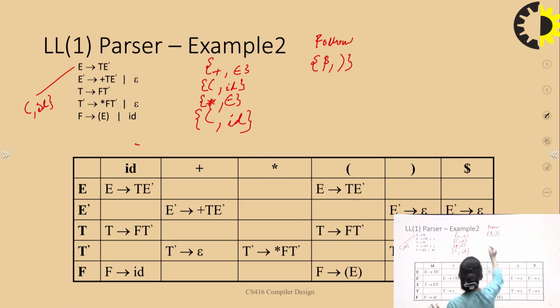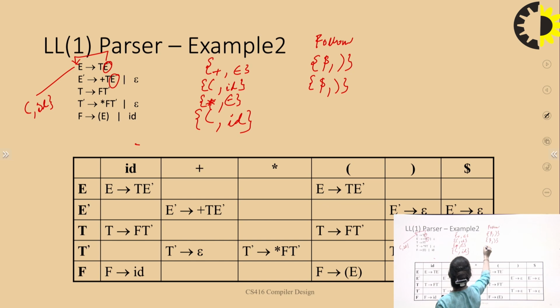If I am talking about E dash, E dash is present here and here. When nobody follows you, then the left-hand side non-terminal follows you. The follow of E and the follow of E dash will be the same, so we write the follow of that particular non-terminal. The follow of E is dollar and closing bracket.